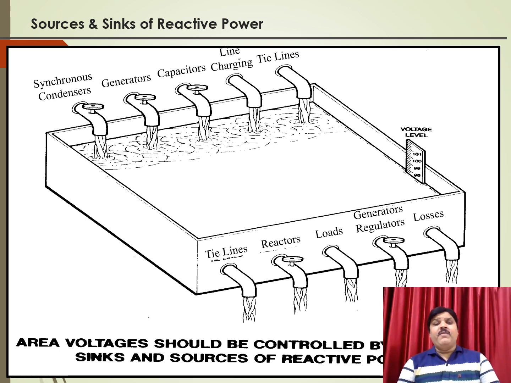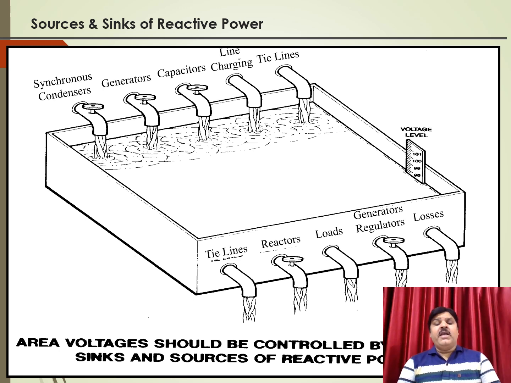Similarly, capacitor banks provide reactive power generation, and for line charging, when a line is loaded less than its SIL limit, that is surge impedance loading, or below 50% of its capacity, it will act as a capacitor bank.